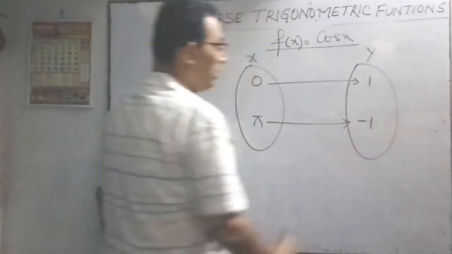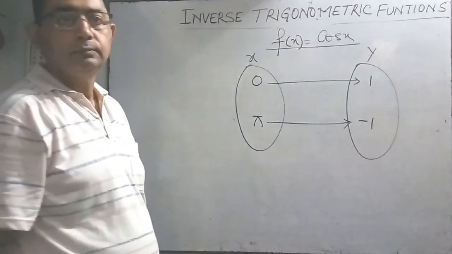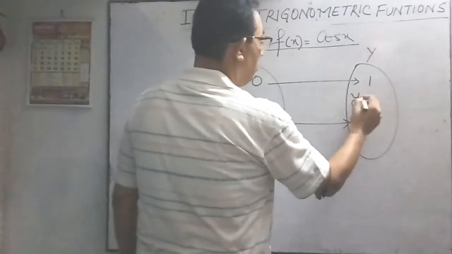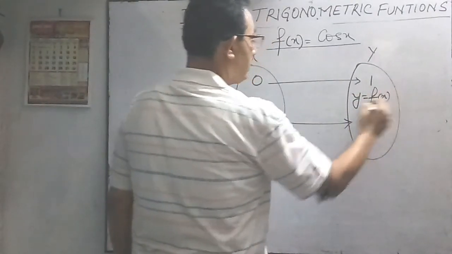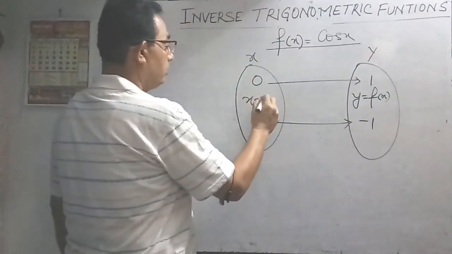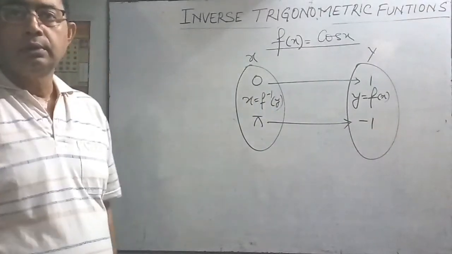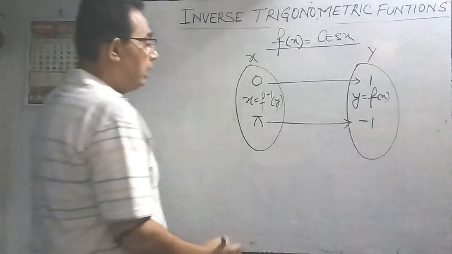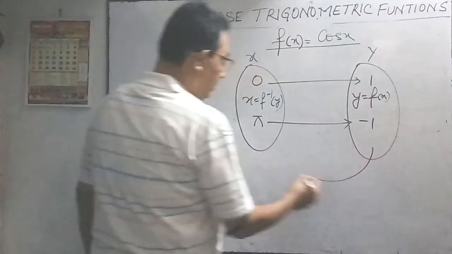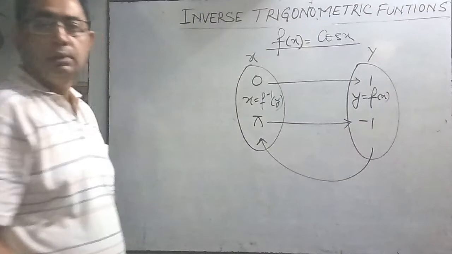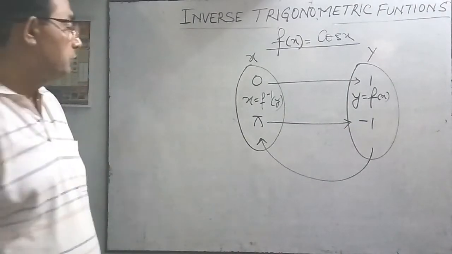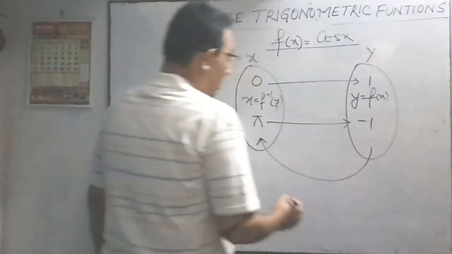It is function. It is y equal to f(x). x equal to f inverse of y. Clear? Now, this is inverse function. This is inverse function. Understood?